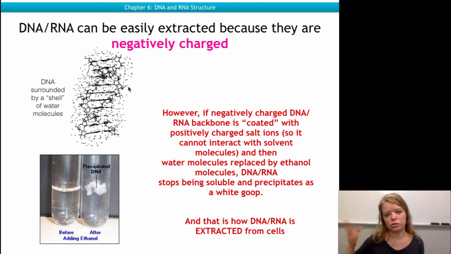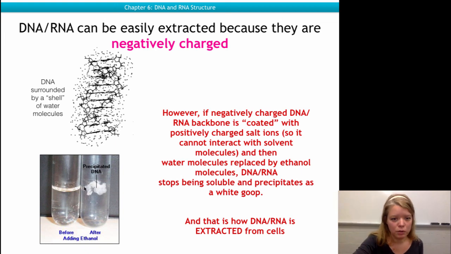If you replace the majority of the water surrounding a DNA molecule with salt ions that will also interact with the phosphate backbone, and then suddenly change water to ethanol, you will be able to precipitate the DNA out, which is exactly what happens in this picture. So here, a small amount of salt has been added to water, and the majority of the molecules around the DNA here have been replaced by salt.